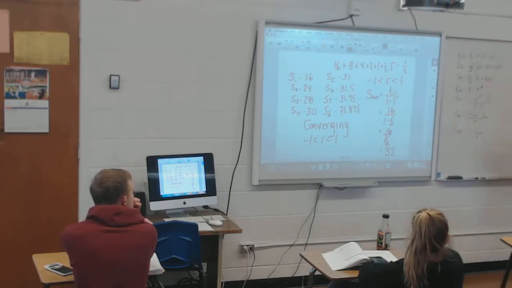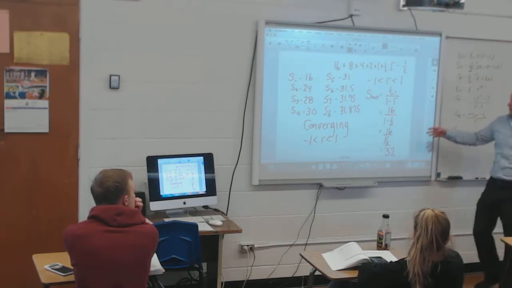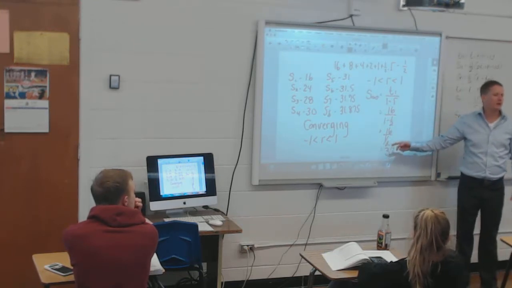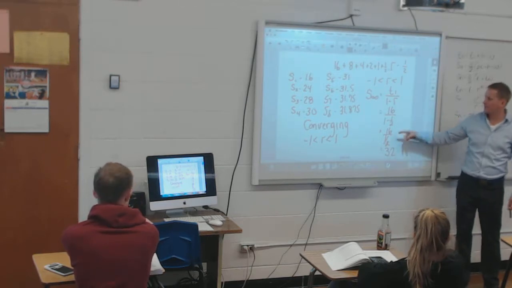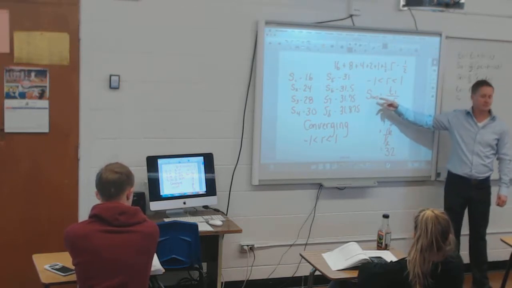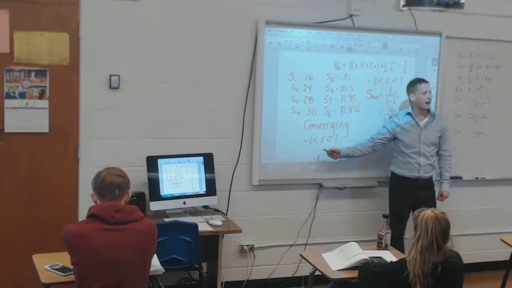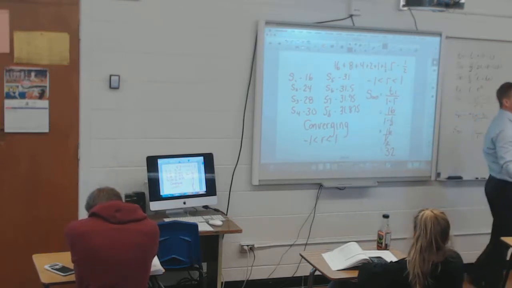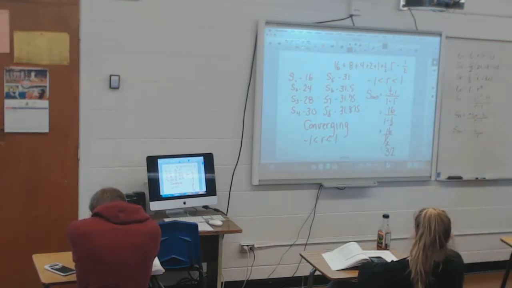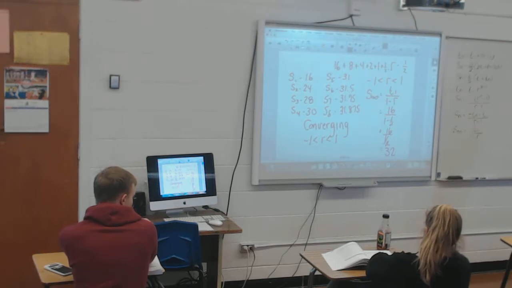Now you could have a converging one, or you could have a diverging one, meaning the ratio could be larger and it could go forever, but it's not going to converge on an actual value like this is. In order to use this, my ratio has to be a fraction, positive or negative, in order for this to happen. Okay? Questions about that?